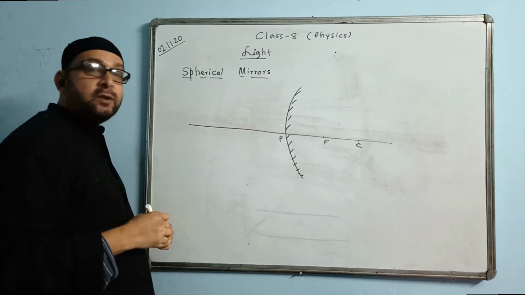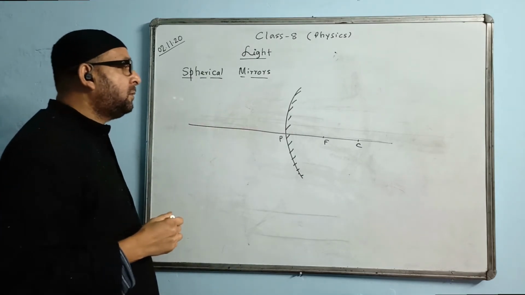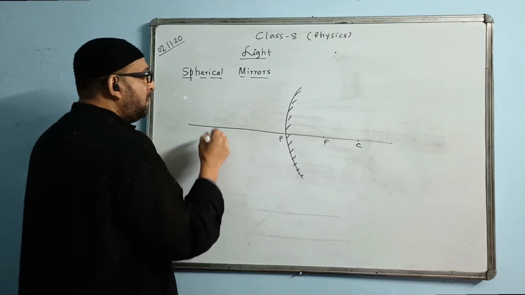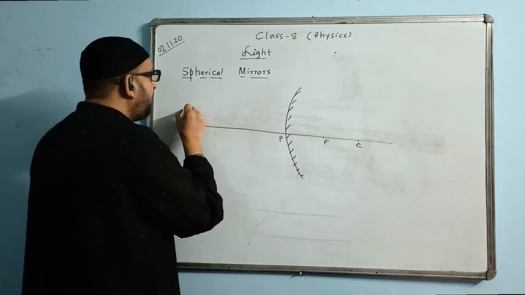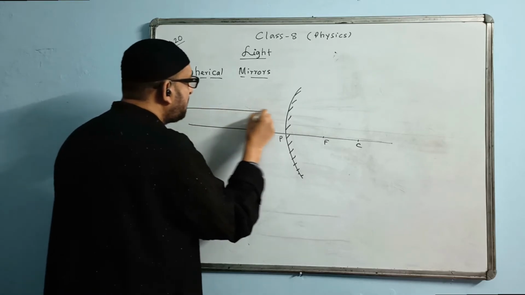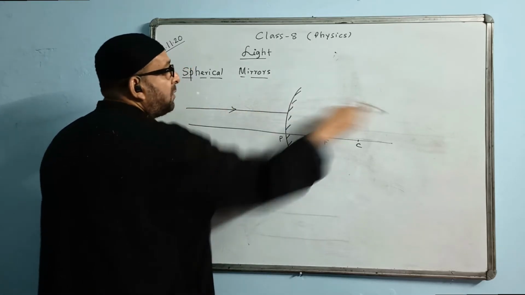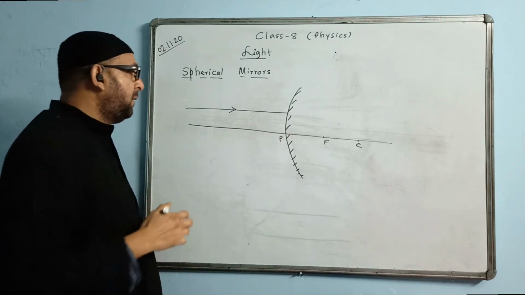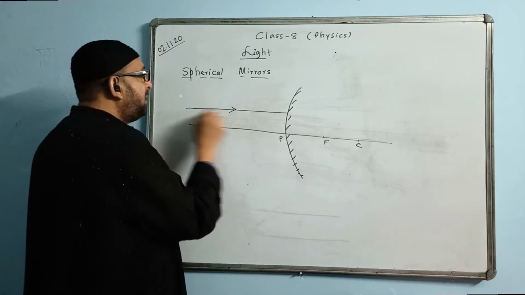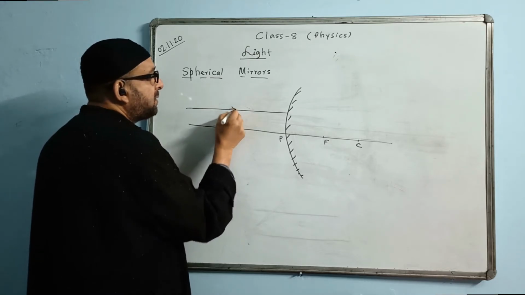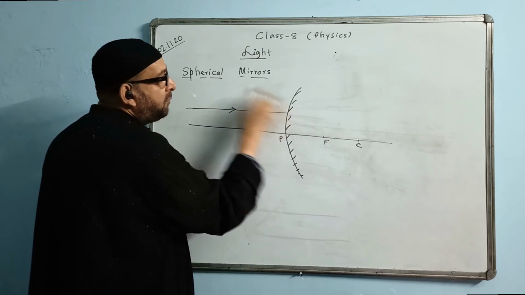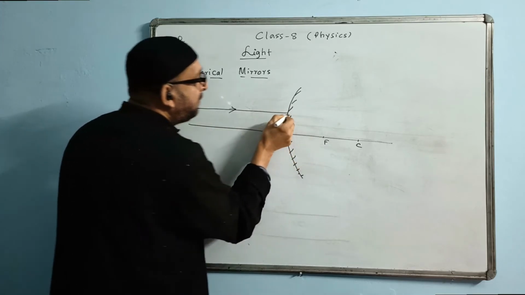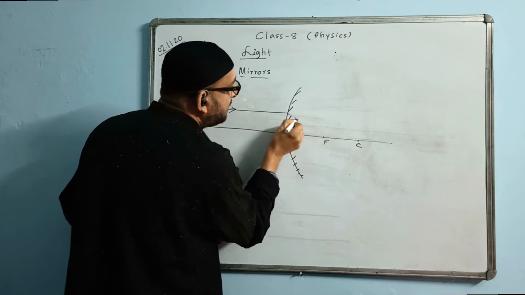How to define the focus of a convex mirror? This is the convex mirror. The same way, a ray comes parallel to the principal axis, the ray will come this way. The ray cannot come this way because this is polished, so only the unpolished surface receives the light. An incident ray parallel to the principal axis, after reflection from the mirror, will appear to pass through the point F. Will appear means by an imaginary line like this.